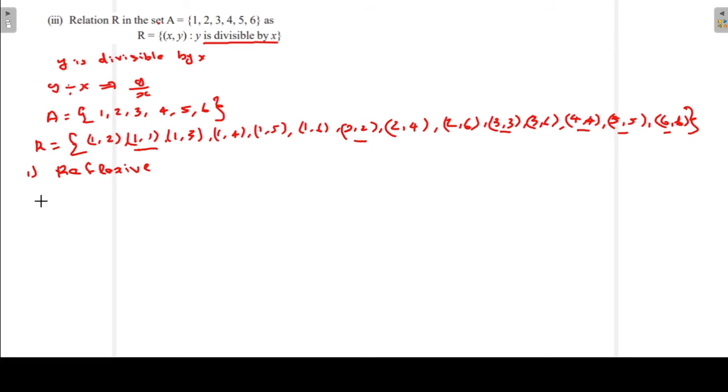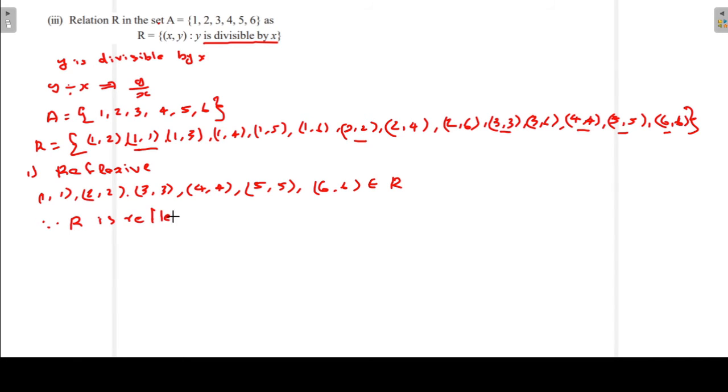All these elements belong to R. This implies R is reflexive.